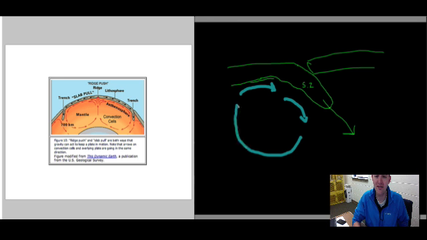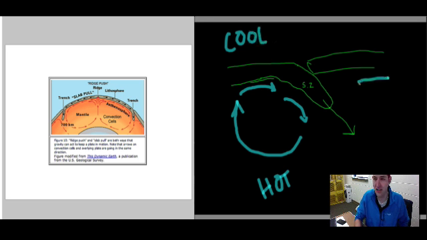Again, when things get hot, they start to rise, and when they get to the top, they start to cool, and then they fall down. We also have convection cycles over here that are doing the same thing. They're pushing our plates in specific directions.